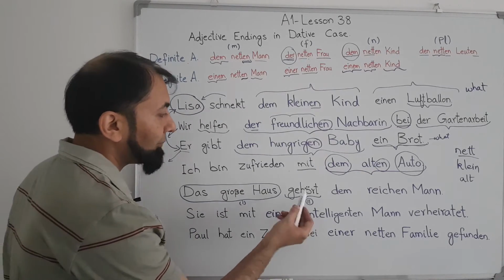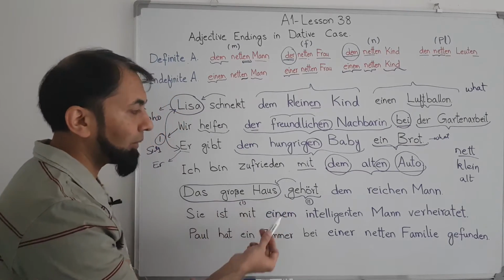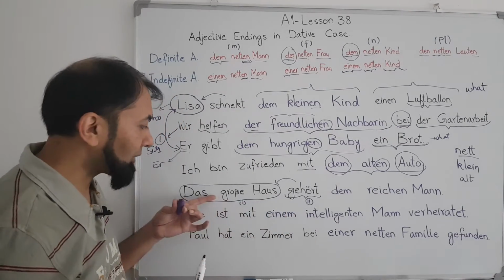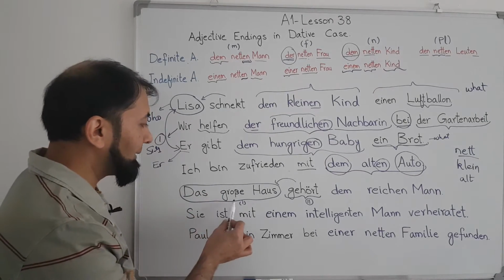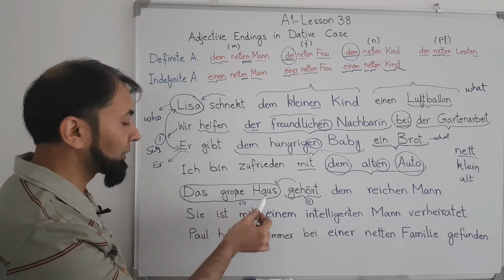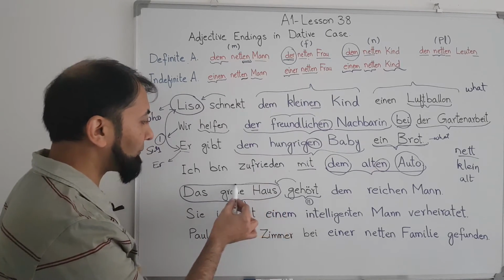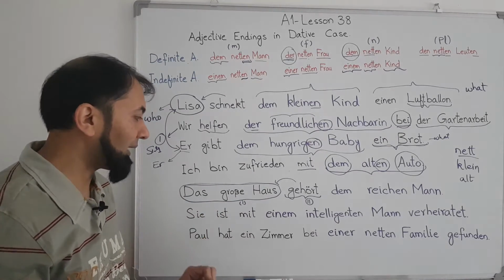And if we conjugate gehören with respect to das große Haus, which is the subject of the sentence, it will become gehört. Because this is the subject of the sentence, we have to use the rules of nominative on it, because we know that the subject of a sentence is always in the nominative case.